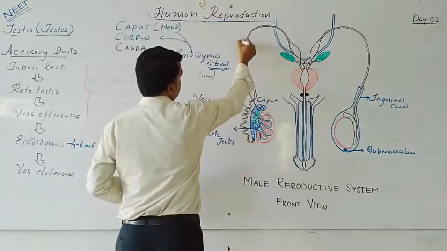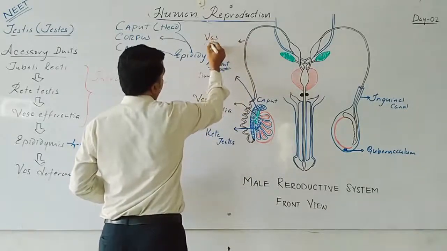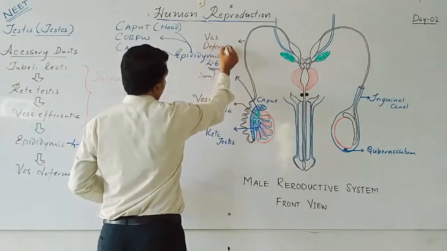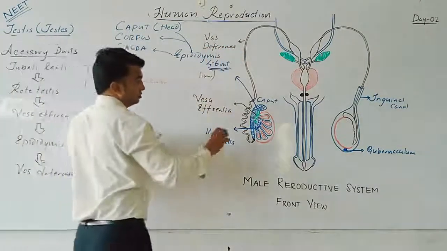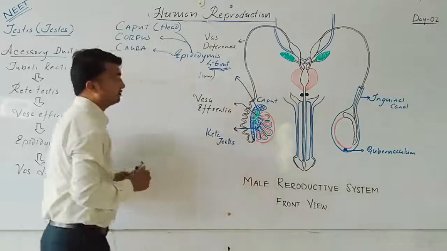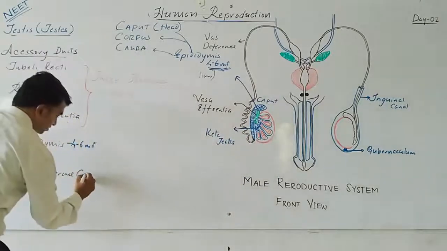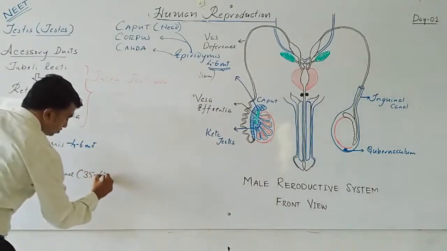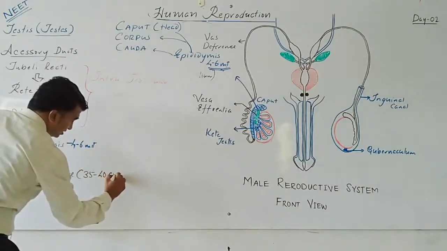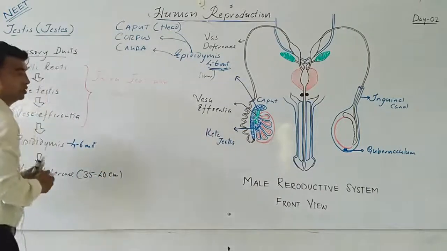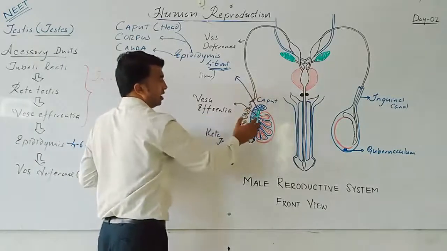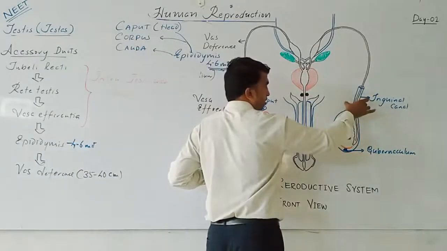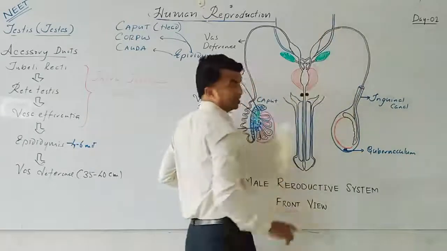The vas deferens is almost 35 to 40 centimeters long. Initially it is a coiled structure. Later on it becomes straight, passes through the inguinal canal, and enters into the abdominal cavity.